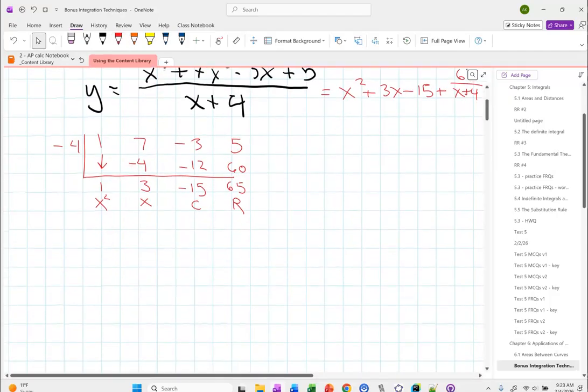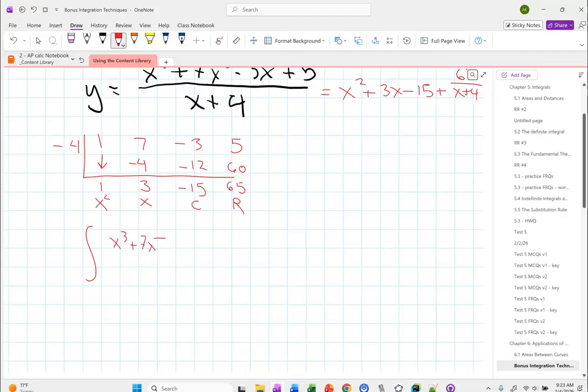So my integral of this I can't do the way it's currently written. But if this piece is the same as that piece, that's an integral we can do.